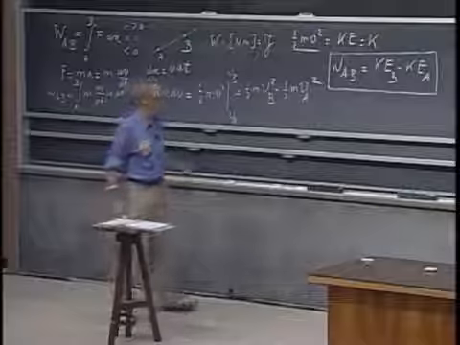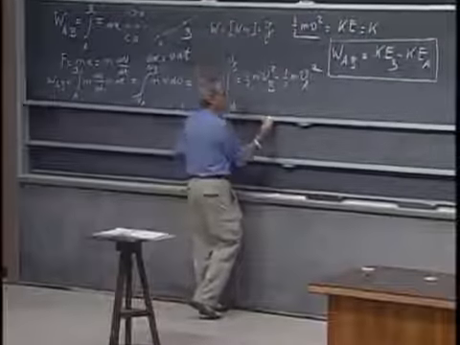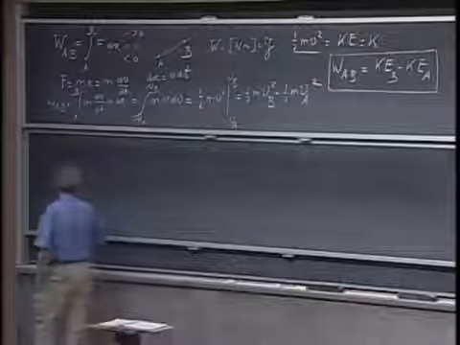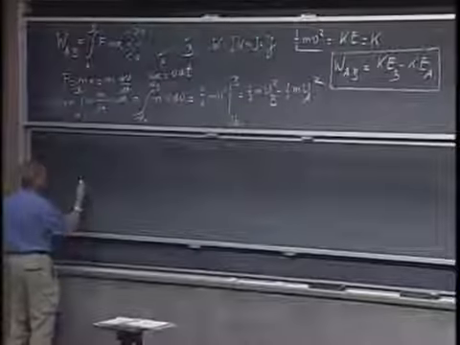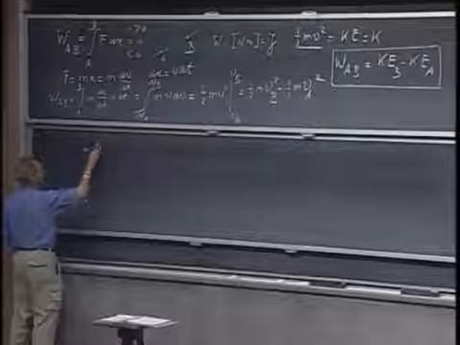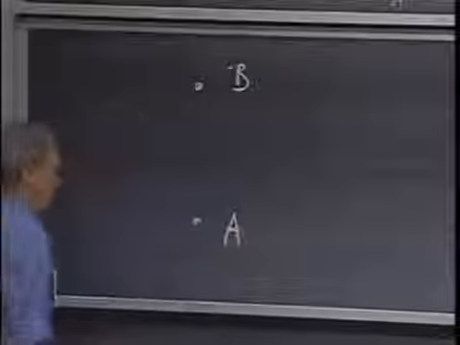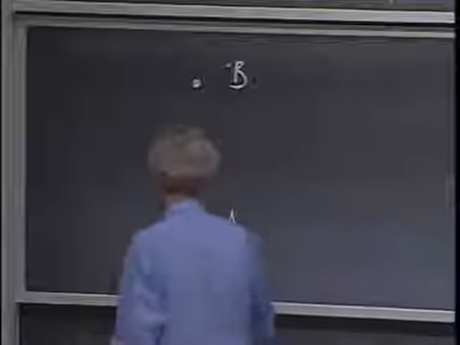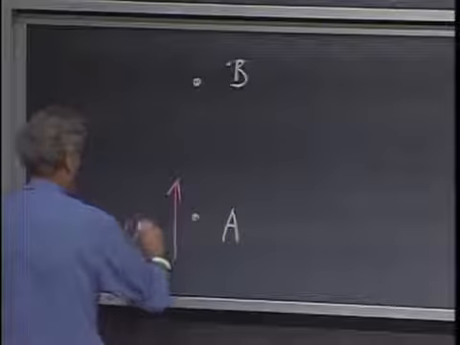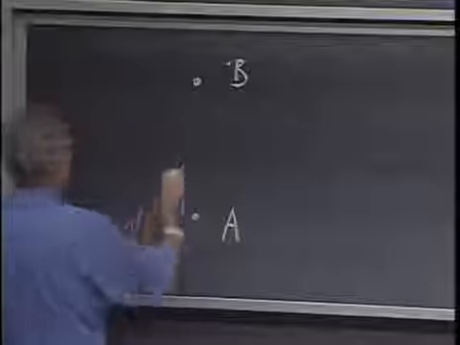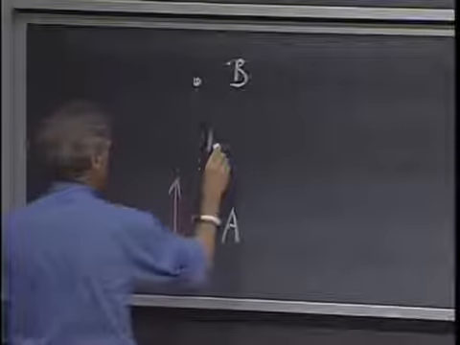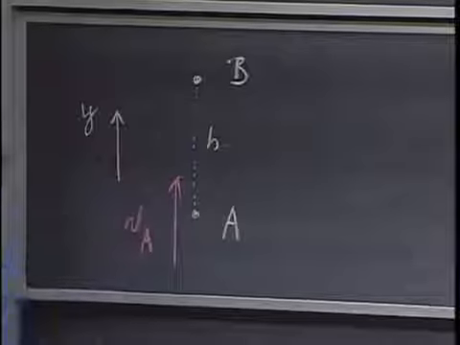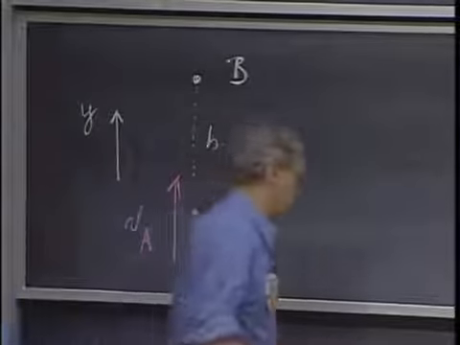Let's do a simple example, applying this work energy theorem. I have an object that I want to move from A to B. I let gravity do that. I give it a velocity. Here is the velocity v of A. And let the separation be h, and this could be my increasing y direction.